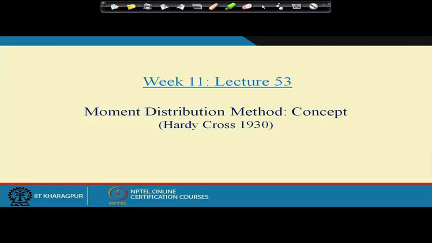One such method is the moment distribution method that we are going to start today. This is also known as the Hardy-Cross method. As the name suggests, the premise of the method is the distribution of moments.